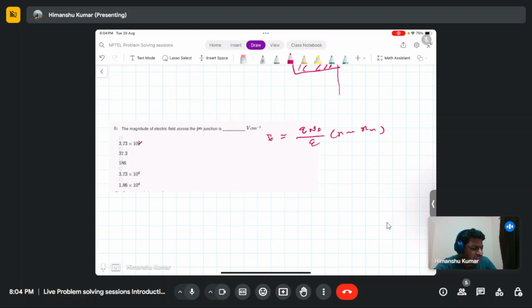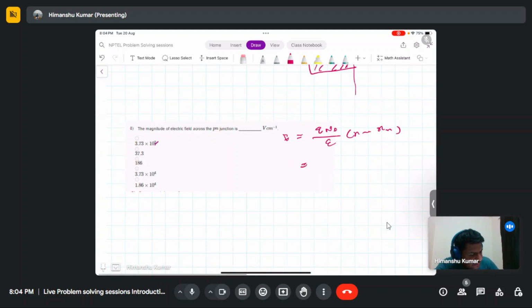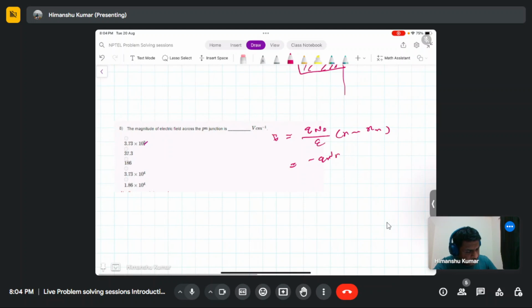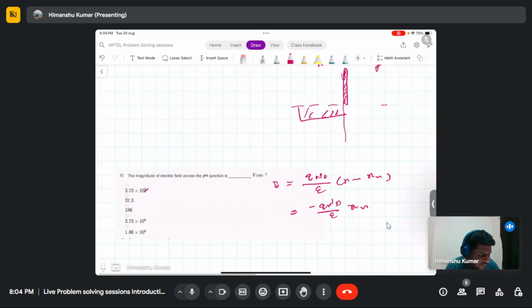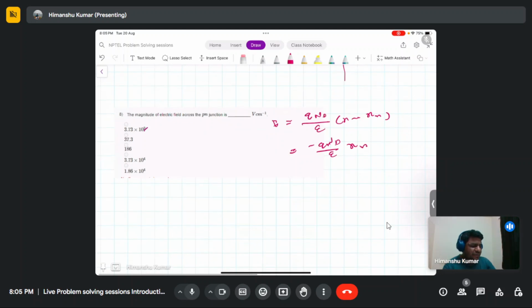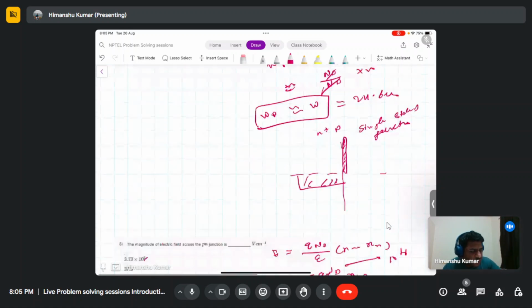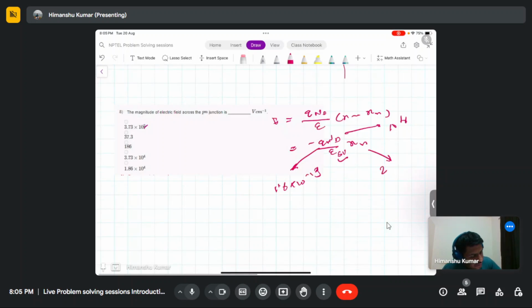So at x equals 0, it will become minus q Nd by epsilon times xn, and xn you have seen from that figure. If you plug in the value of epsilon silicon, q is the electronic charge 1.6 into 10 power minus 19, and Nd is 10 power 16. Xn we have calculated as 2.46 into 10 power minus 3.